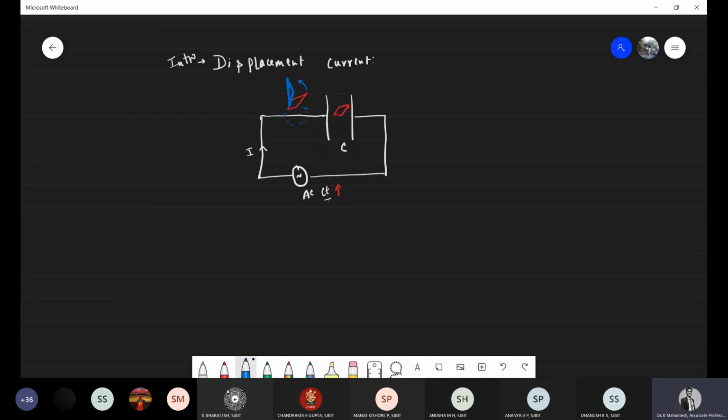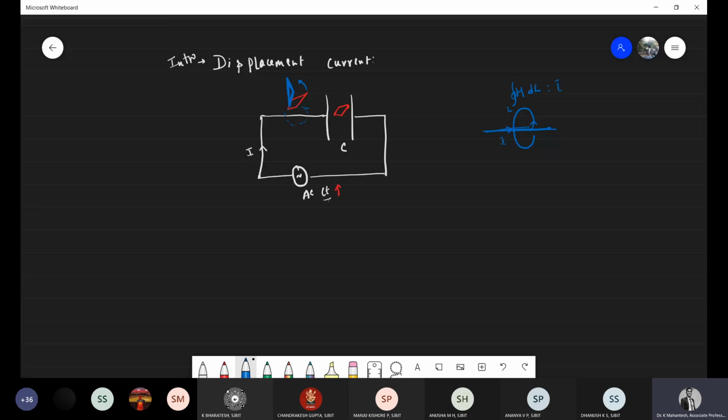Like you have a current carrying conductor, and this conductor will produce a magnetic field, and for this magnetic field, the closed line integral of H·dl is equal to the total current.